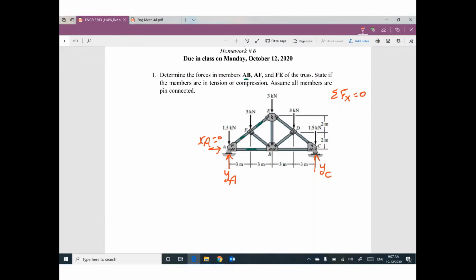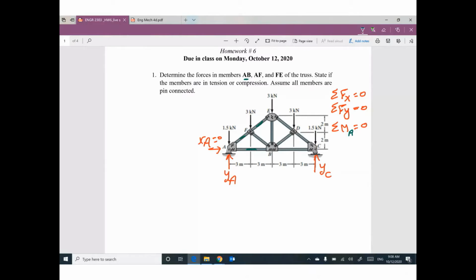Summation Fy equals 0. Summation moment at any point equals 0. Guys, I'm still telling you, summation moment at any point, but I highly recommend taking moment at the support with the larger number of reactions.